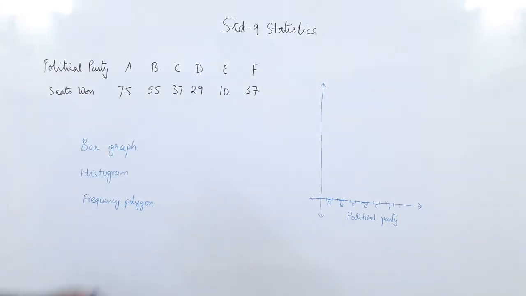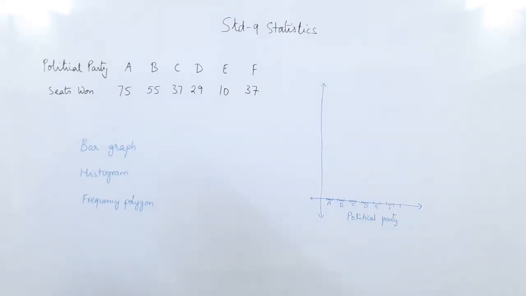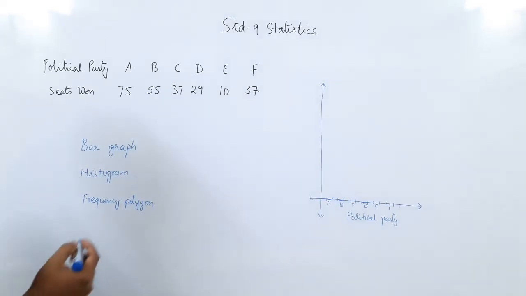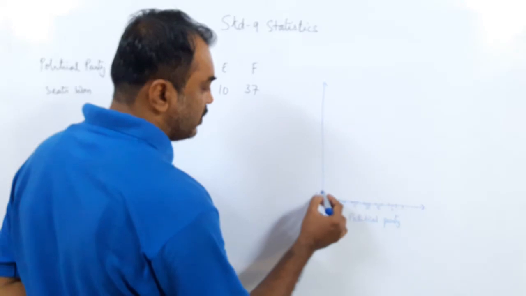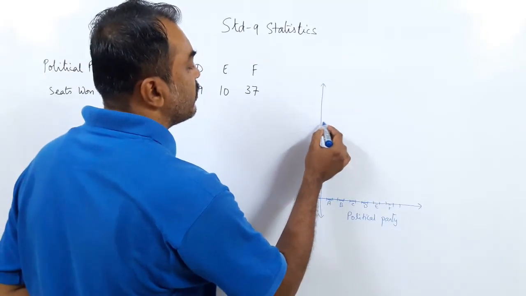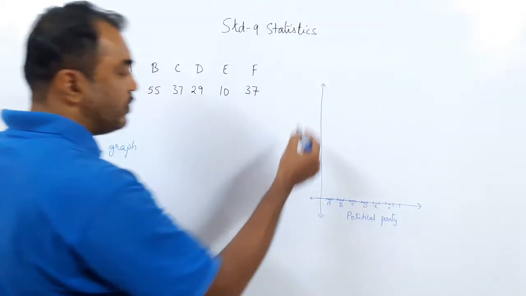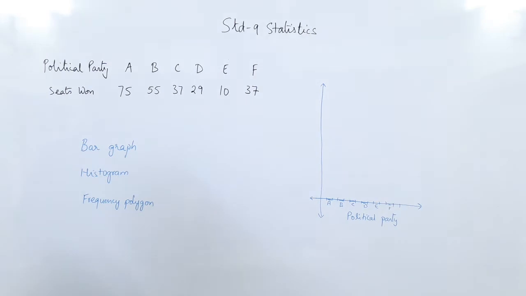Now for the seats, you can see the minimum seats are 10 and the maximum seats are 75. If you go by a gap of 5, you go 5, 10, 15, 20, 25, 30, 35, 40, 45, 50, 55, 60, 65, 70, 75, which will be a very long line. So a gap of 5 you can try out.